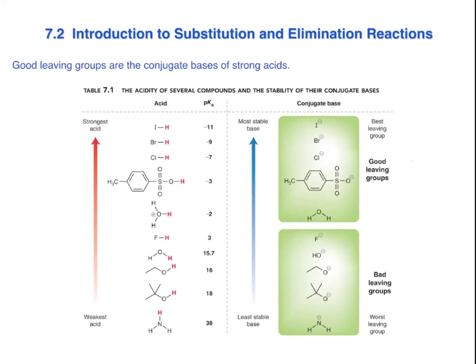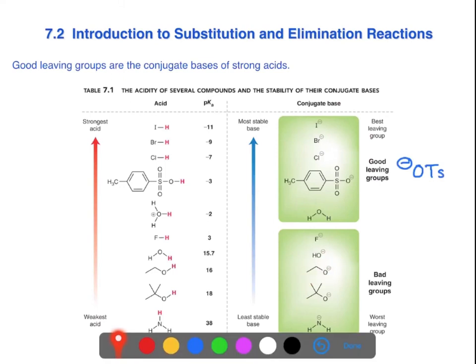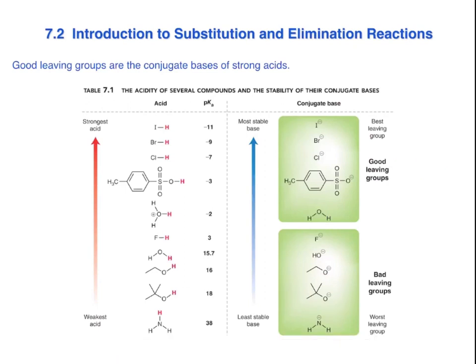The hydroxide, the alkoxides such as the ethoxide and tert-butoxide shown here, and even worse, the amide ion, NH2 minus, are some of the worst leaving groups available. We wouldn't expect substrates that have these types of groups attached to them to undergo substitution or elimination reactions.